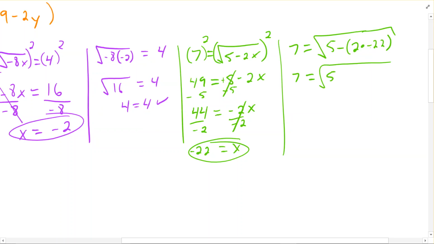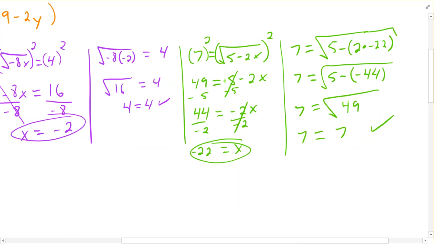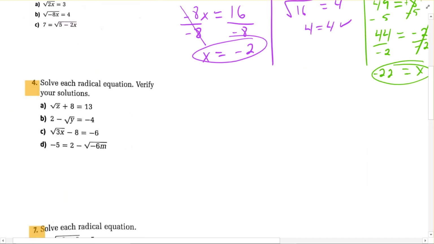And now, here I'll write it out, minus 2 times negative 22 is negative 44. So we've got minus a negative. That's really a positive, right? So we're going to add. So in this case, we've got 7 is equal to the square root of positive 49. Well, the square root of 49 is 7. So now we got 7 is equal to 7. So yeah, that checked out. But like I said before, it won't always.